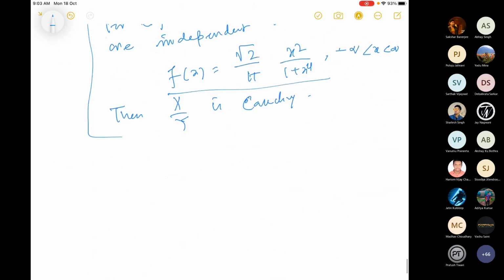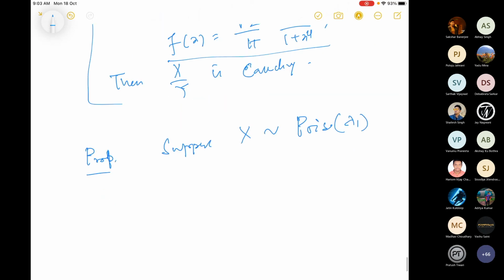Okay, now let me give you another problem. So this theorem has a lot of applications actually. This is what I'm trying to tell you. Suppose x is Poisson lambda 1, and y is also Poisson lambda 2. The means are lambda 1 and lambda 2.